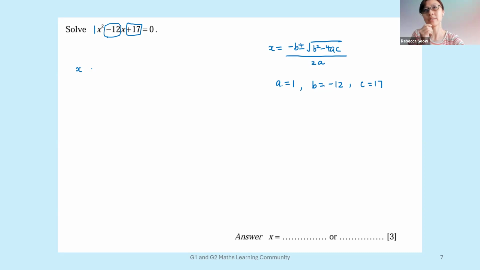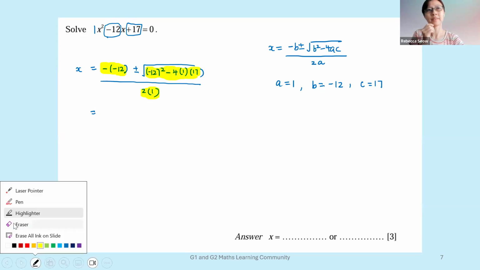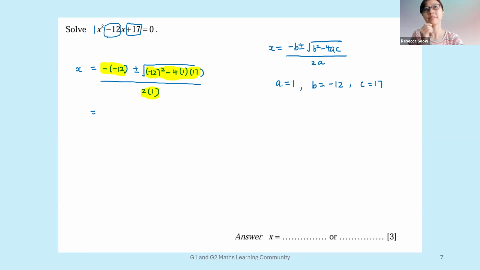Let's now substitute the values in. Negative b, so the b itself is negative 12. Then b squared minus 4ac, out of 2a. Let's work this out. Negative sign multiplied by negative 12, we end up with a 12.